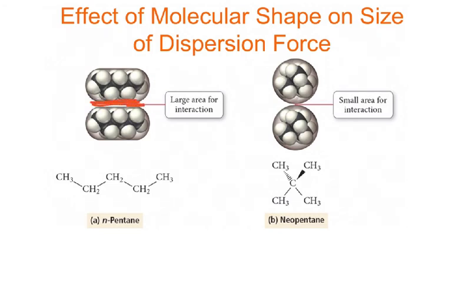You have to separate all that contact in order for it to boil, and that's going to take more energy. So that's why pentane will have the higher boiling point, whereas neopentane, look at the little contact between the molecules. So this one's going to be a lot easier to separate. So this one will have the lower boiling point, as you can see here.